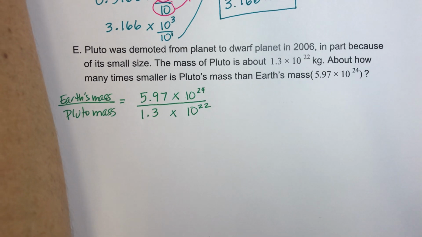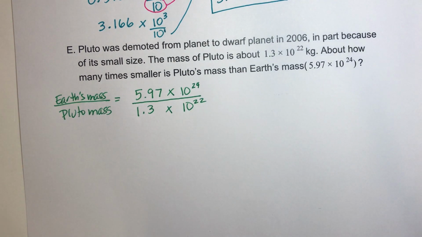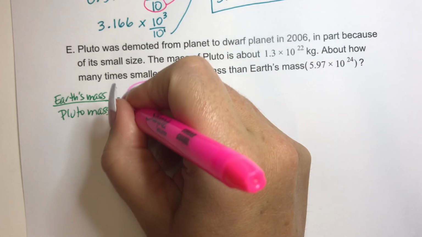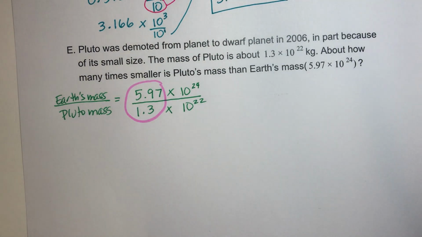Okay. Uh-oh. All right, so we're going to do this in two parts, right? So this first part is here, and the second part is here that has the same base.